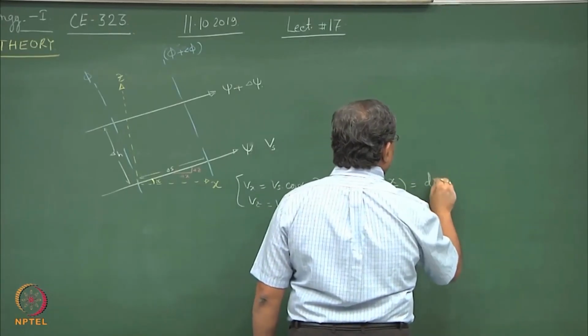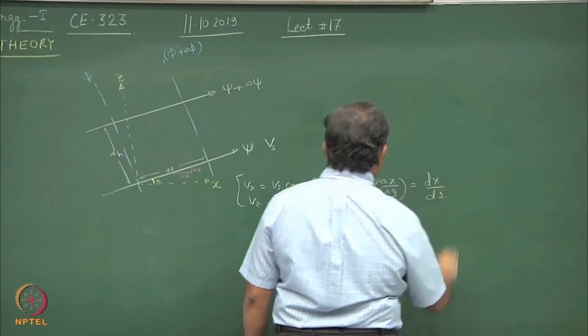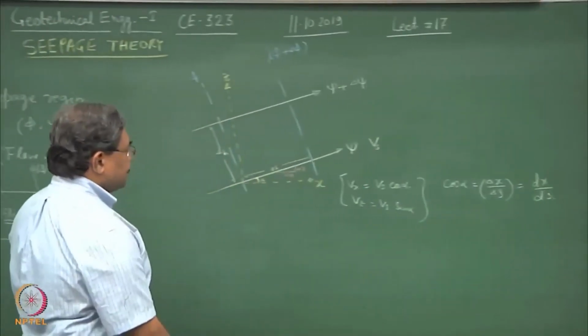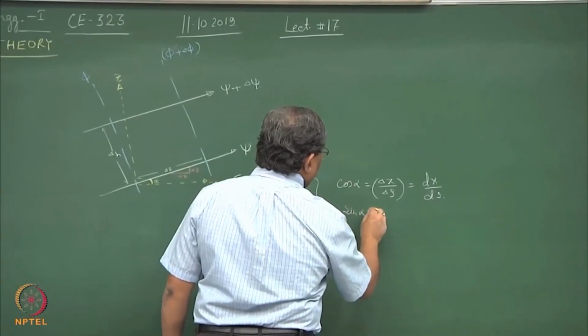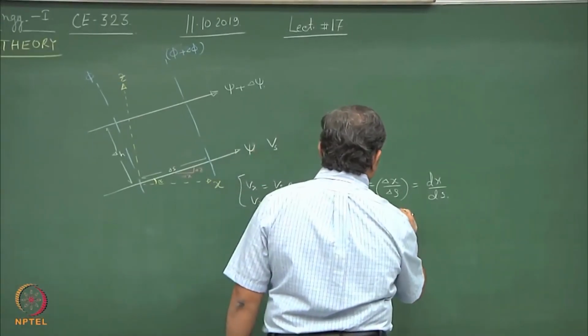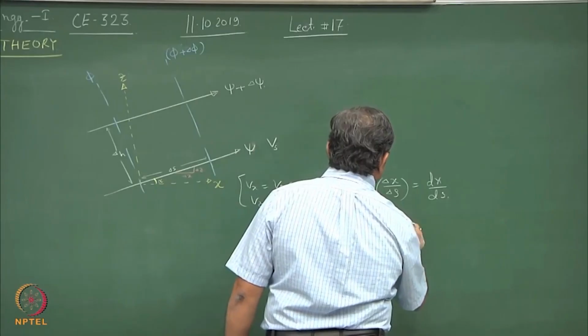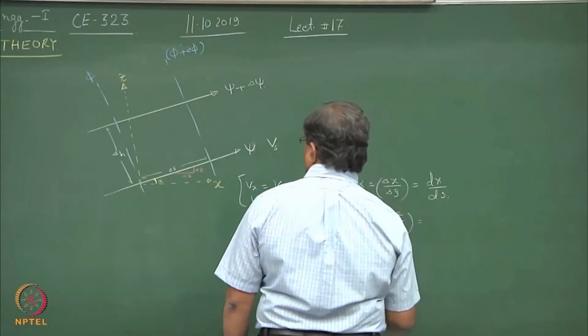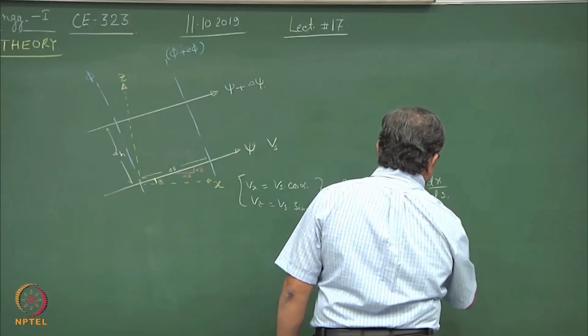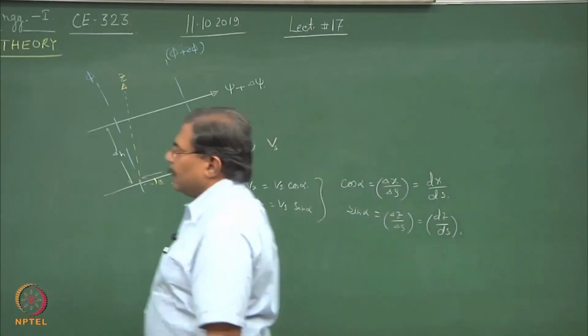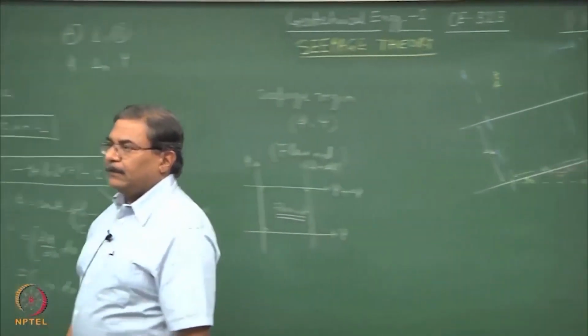This can also be written as dx upon ds, and sin of alpha will be equal to delta z upon delta s, which will be equal to dz upon ds. Right.